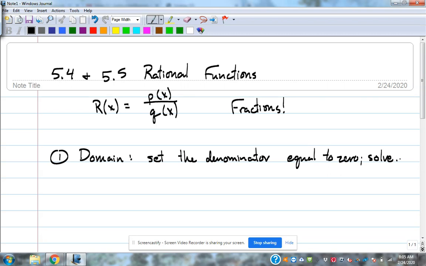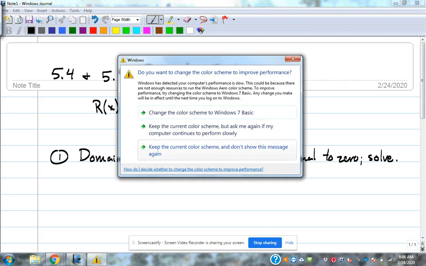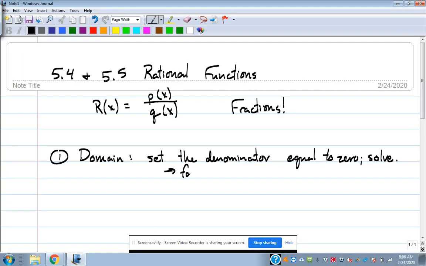All right, so set that denominator equal to 0, and then solve the equation. Even though it may not be the only method for solving that denominator, the method you want to shoot for first is factoring.